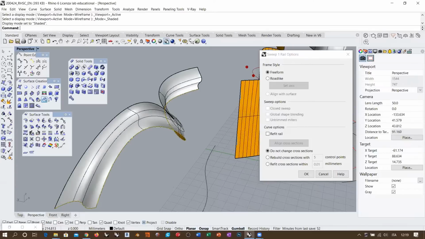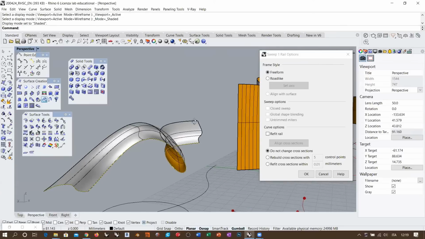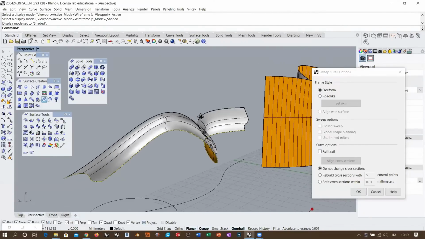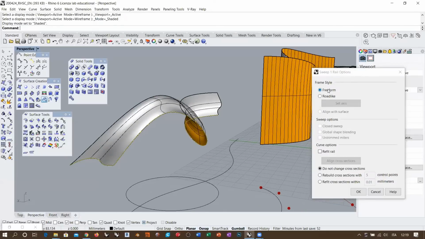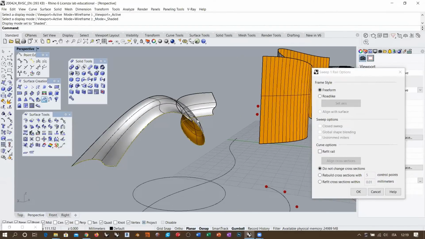So for example, if I turn to shaded mode, you see that there is something weird happening along this rail, and this behavior is the default behavior of a sweep one rail, which is called freeform, okay? Now freeform is based on another topological consideration that depends on the fact that curves or NURBS curves not only have a topology in terms of control points, knot vector and degree, they also are oriented lines, okay?